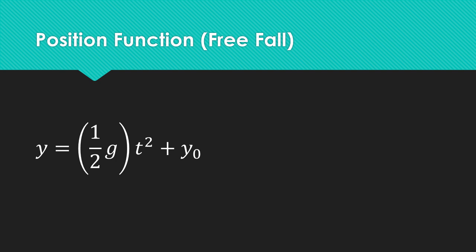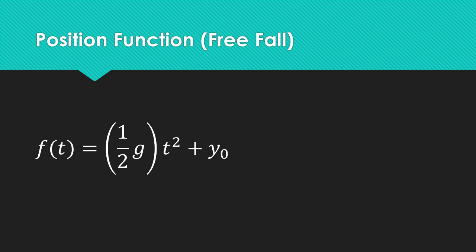So instead of y equals, I want to put f of t equals. Just to briefly explain the significance of this function notation: we make these functions to simulate physical phenomena in the real world, and we have to evaluate these functions at different values, depending on the problems we need to solve.